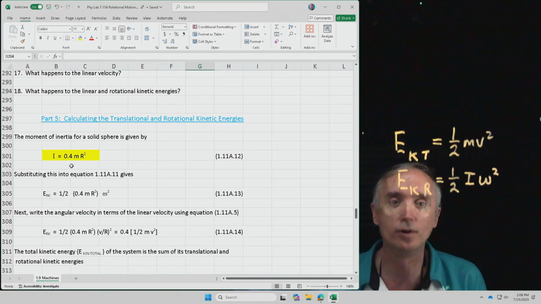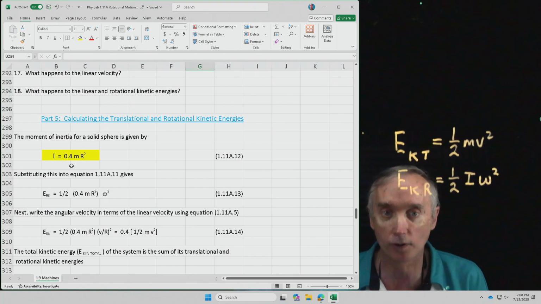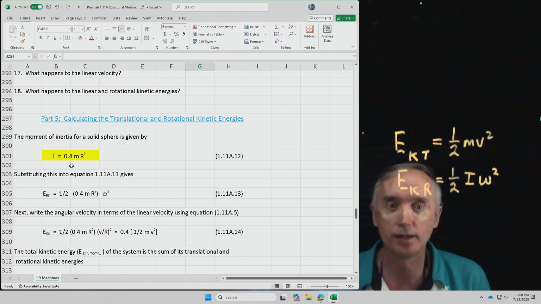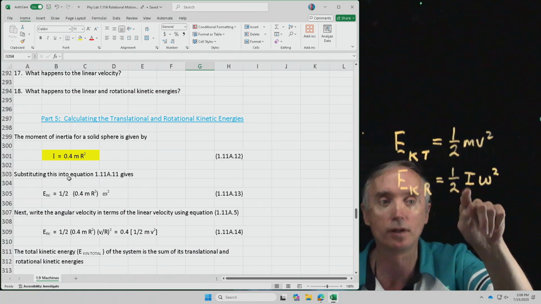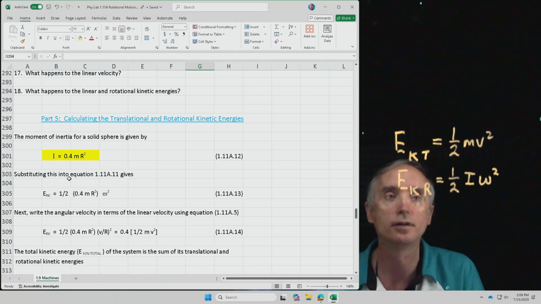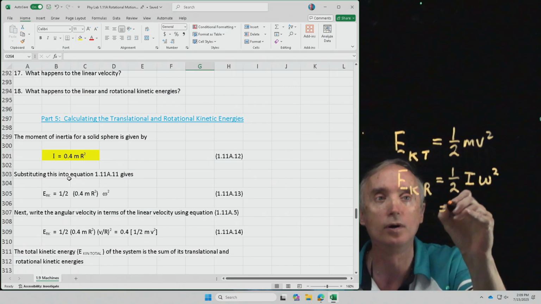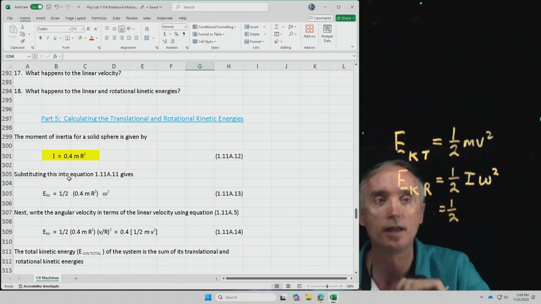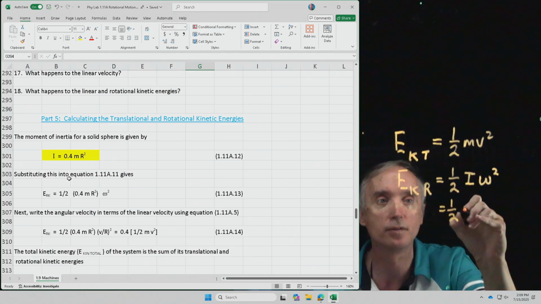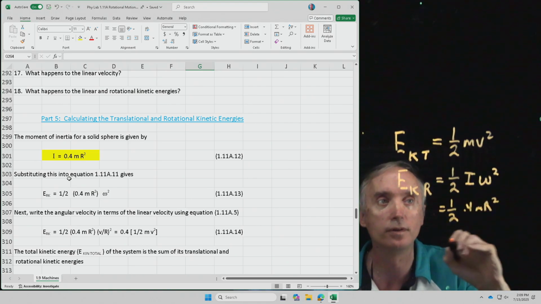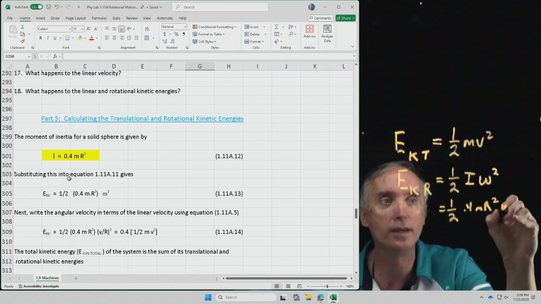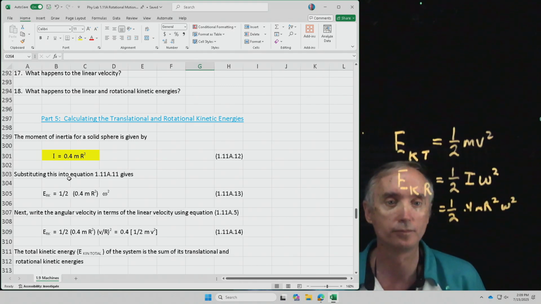So we're going to start with that: the moment of inertia of the bowling ball is 0.4 mr squared. Next we're going to take that and plug it into this formula here. So we've got 1/2, and instead of the letter I, it's going to be 0.4 mr squared, and then we still got omega squared.